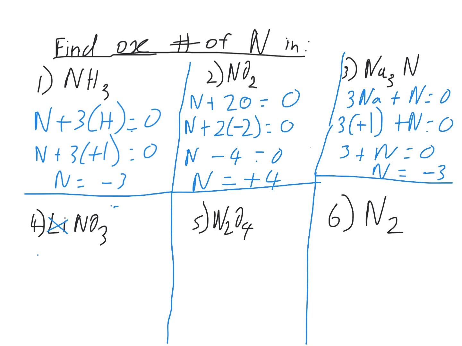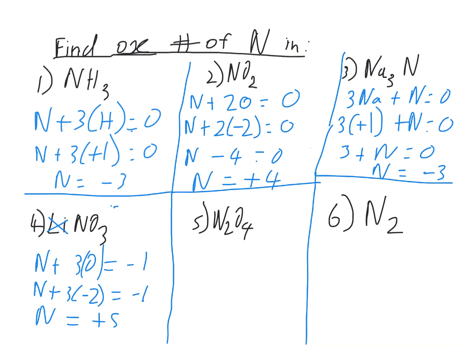So in other words, whatever nitrogen is plus 3 lots of oxygens should give me minus 1. So I'm going to sub my oxygens in again. Remember, oxygen is minus 2. That oxygen rule is going to be one of your favorite rules by the end of this, hopefully. So what does this give you? N will therefore give you plus 5.